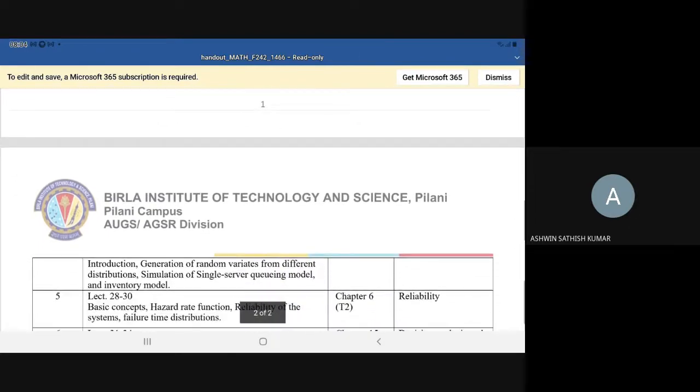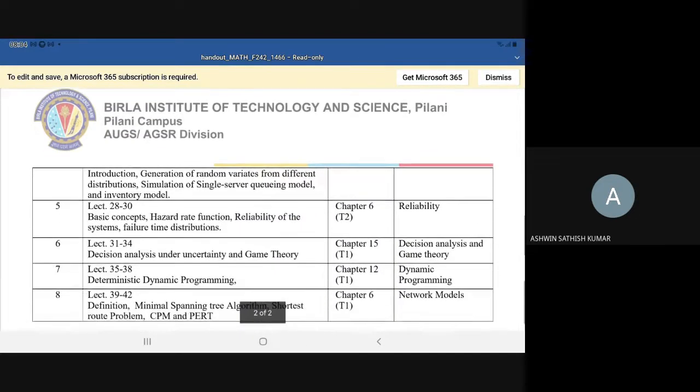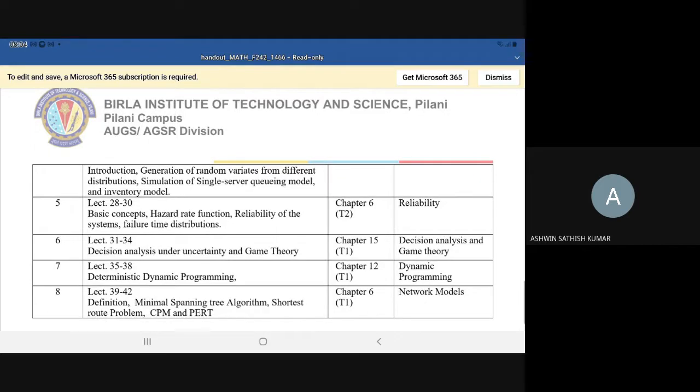Then another important topic is reliability theory. Whatever machines or components you are using, whether TV, fridge, or computer, you want them to be reliable. But failure is unpredictable in nature, so in this chapter, we will cover the theory of reliability.